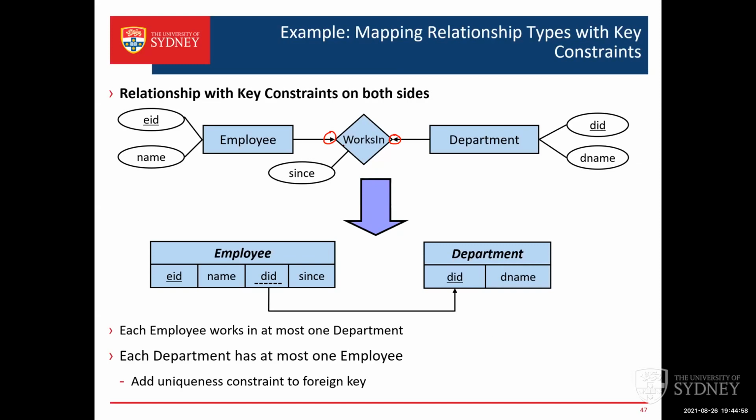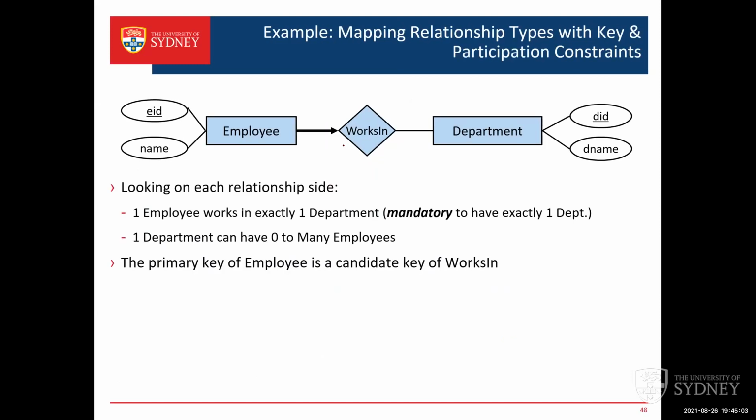Example, what does thick arrow and thick arrow mean? Yes, thick arrow means that is exactly one. No, not at least, that is exactly one.